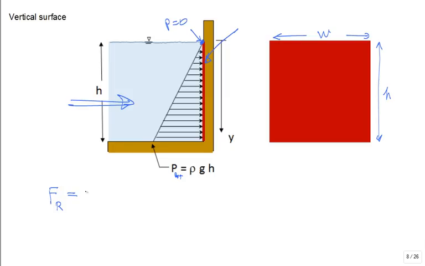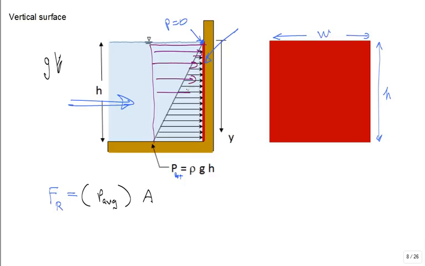A lot of times I like to break it down a little easier. Something times area. How about a pressure times area? And then this pressure is probably some average pressure. Some average pressure times area will give me the force. True? If the pressure distribution was really a rectangle and not a triangle, and it was equal magnitude regardless of the height, that's an easier problem, isn't it?